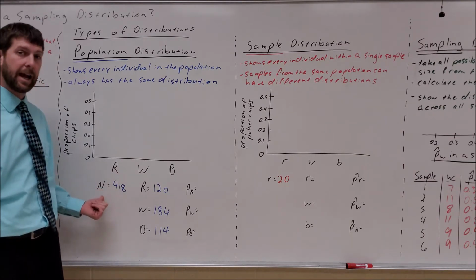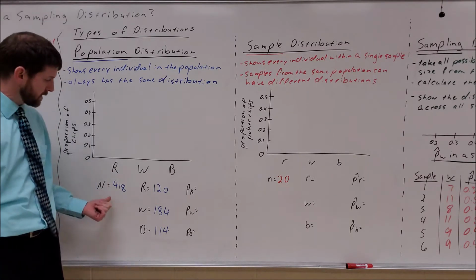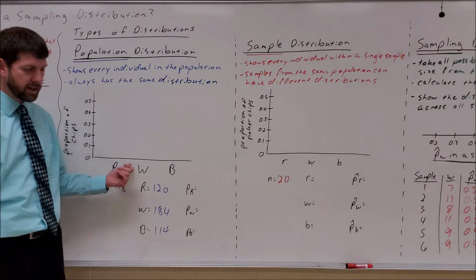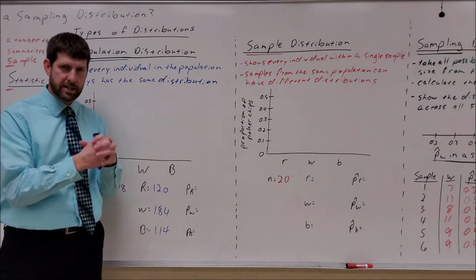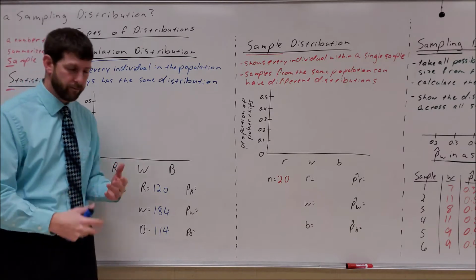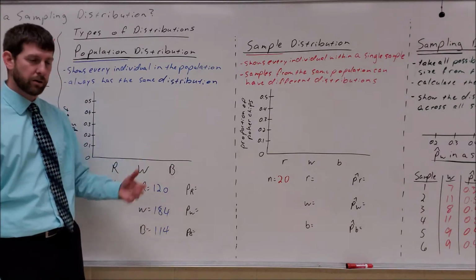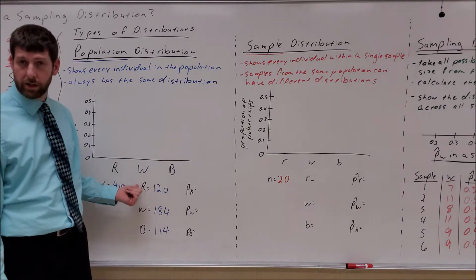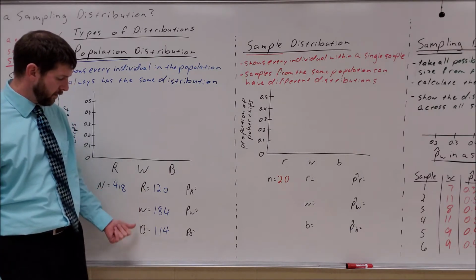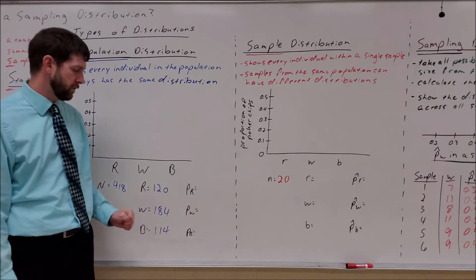Notice I'm using that capital N because it's the population size. And then my R, W, B is representing what's going on within a single category. So I've got my categorical variable, color of the chip. I have 120 red ones, 184 white ones, and then 114 blue ones.